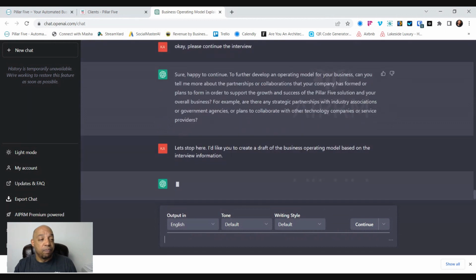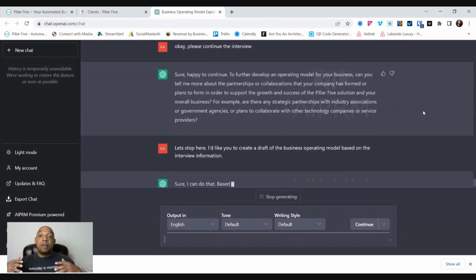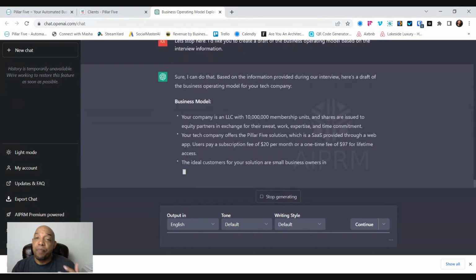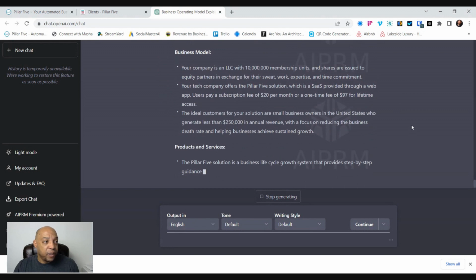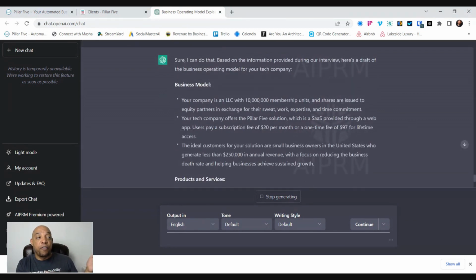Okay? Boom. So there you go. Now it's going to spew out this business operating model, right? Check this out. Based on information provided during our interview, here's a draft of the business operating model for your tech company. Your company is an LLC, 10 million share units, issued to equity partners in exchange for sweat, work, expertise, and time commitment. So these are really quick and short.